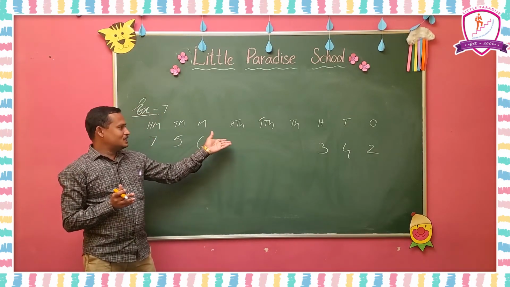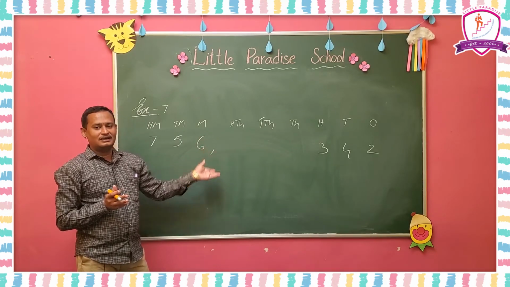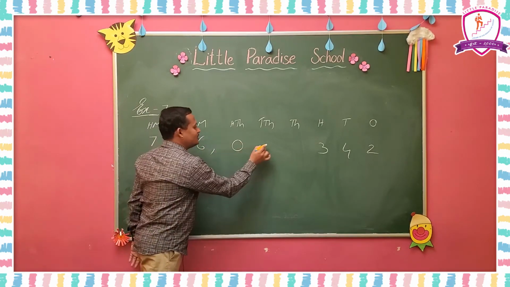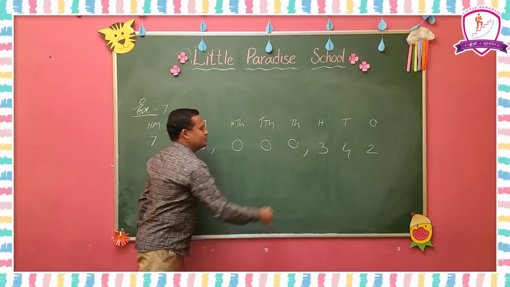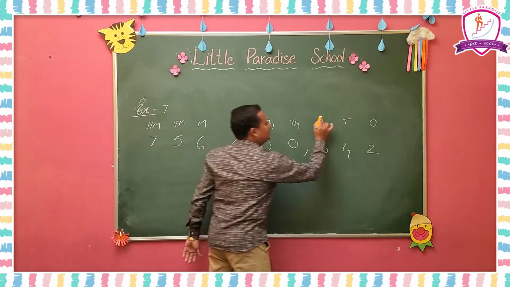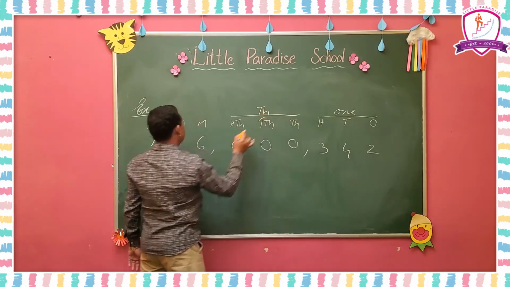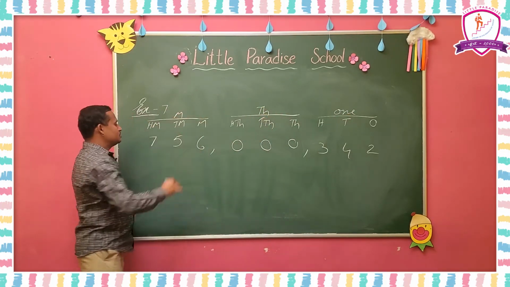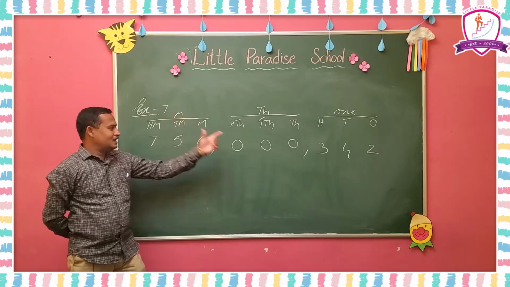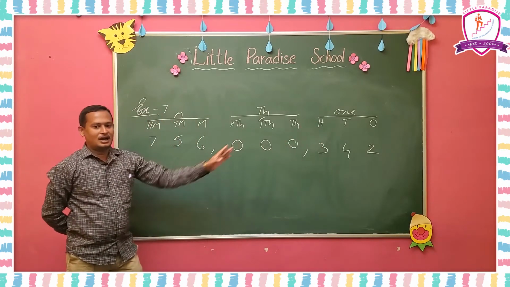So the thousands period is not given in the question, so you have to fill the thousands period with zeros. So here it is the ones period, the thousands period, and the millions period. So 756,342,000. Like that you have to write the number.